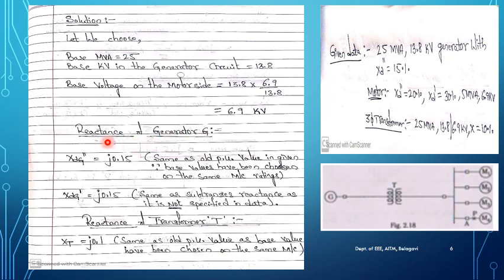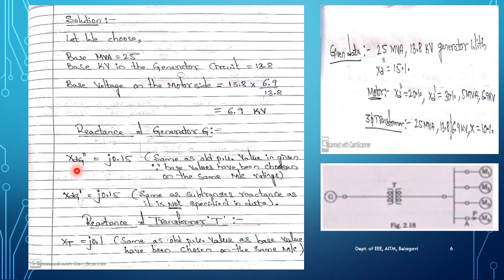Let us find the reactance of generator G. Compared with the previous problems, here we need to find the reactance for all three regions: the subtransient reactance, the transient reactance, as well as the steady state reactance from the given data.